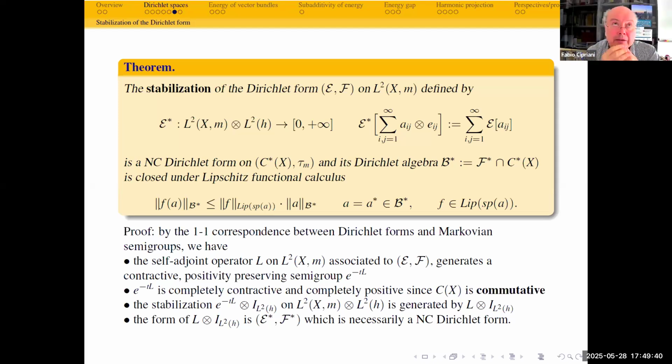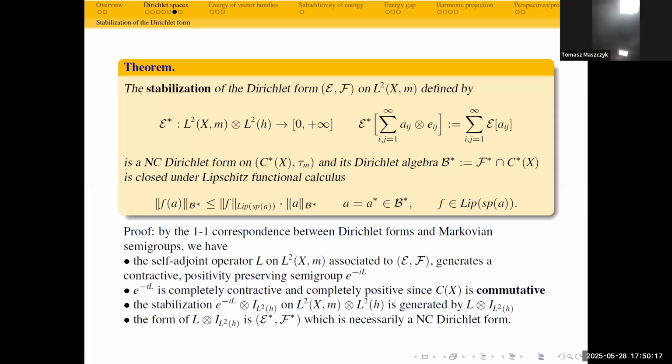Maybe you can see it in this way, but for me, this is the most natural way to extend the energy form, the Dirichlet form, from an algebra, in this case the commutative algebra C of X, to the stabilization of this algebra, so to the tensor product of continuous functions by compact operators. This is the easiest way, and we will see that.